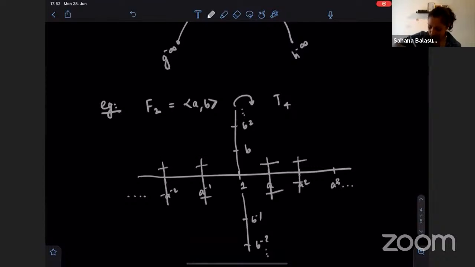And of course, this is a tree. It's valence 4 everywhere. And this is a non-elementary action.